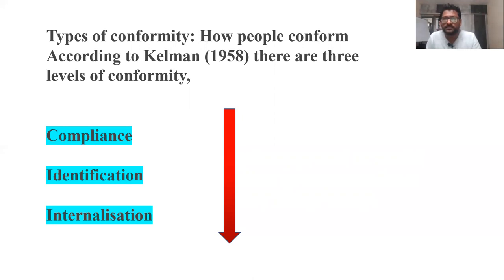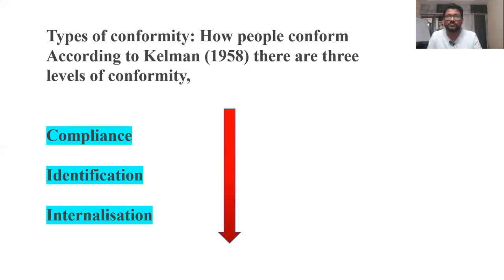For example, going outside to smoke because nobody else in the house is smoking, or laughing at a joke we don't really find funny. Though privately we have our own opinion, we do it deliberately to reduce the disapproval.